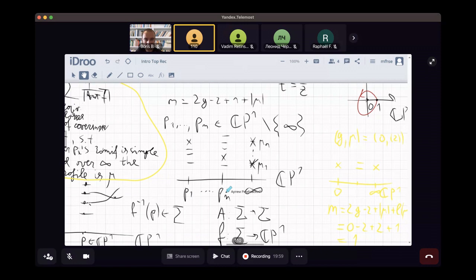They are equivalent if there is such a map, capital F, such that this commutes.